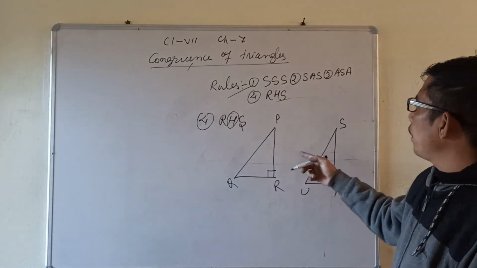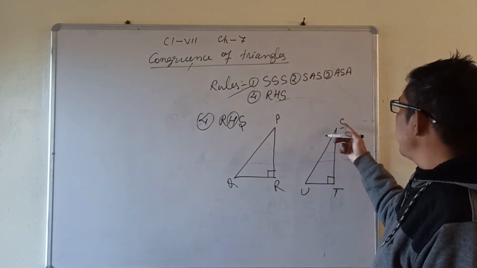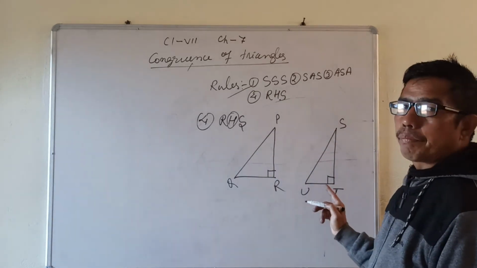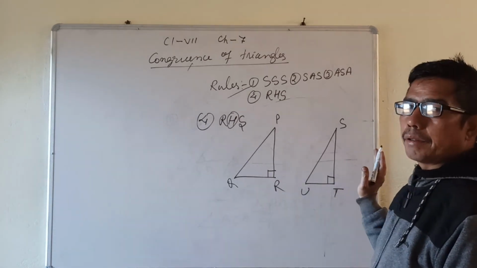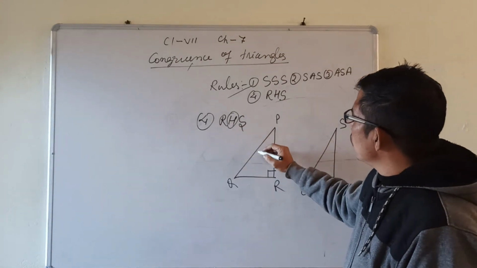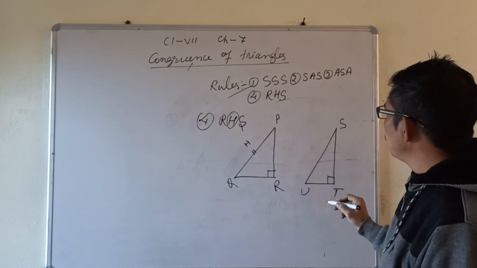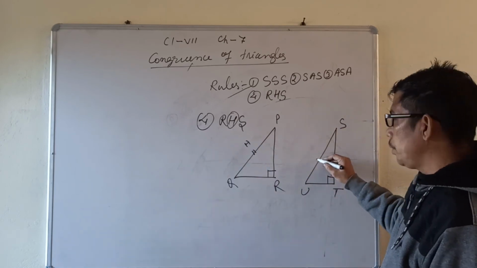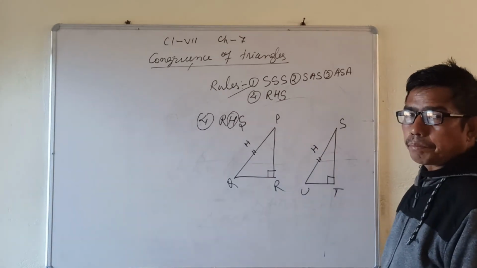Suppose we have two right triangles, PQR and triangle SUT, with right angle at R and T respectively. Then if we want to apply this rule, PQ, the hypotenuse, should be equal to SU, the hypotenuse of the second triangle.